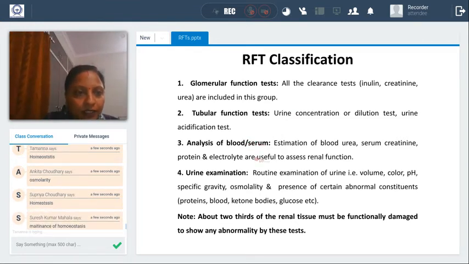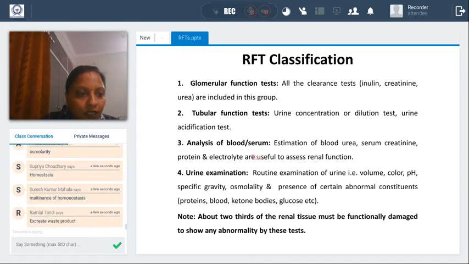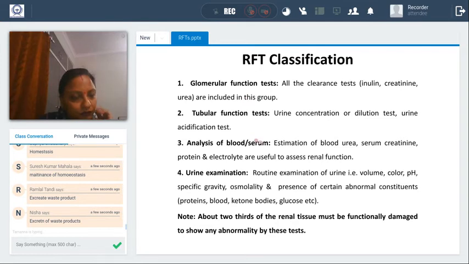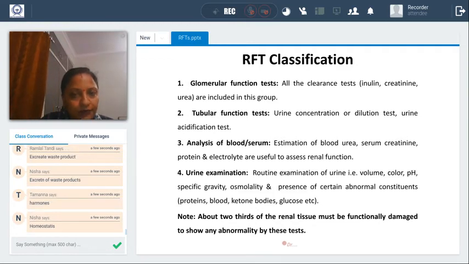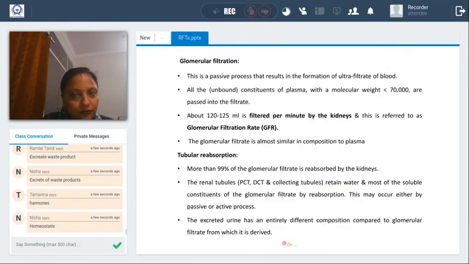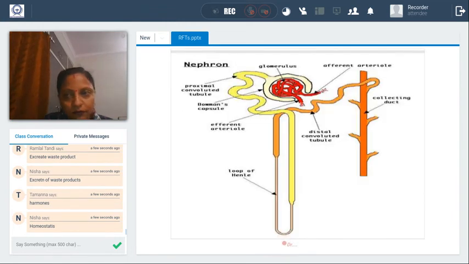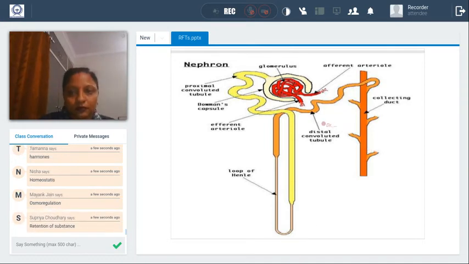We will revise the whole lecture very quickly. Yes. These are homeostasis, acid-base balance, electrolyte balance, hormone production. Yes, please write in the box.